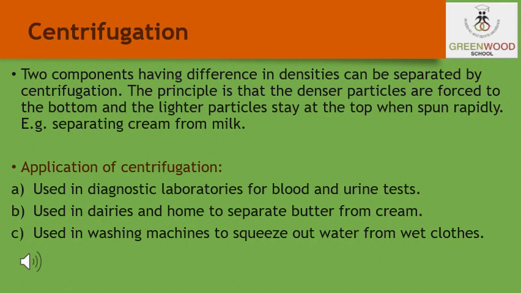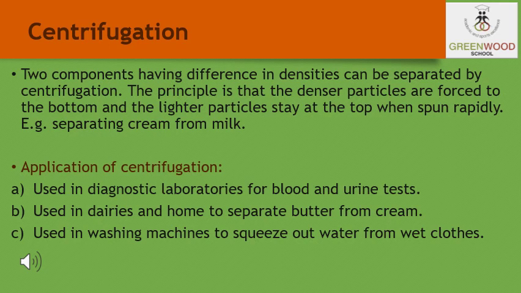A device used to separate liquids from solids by spinning is called a centrifuge. Centrifugal machines are commonly used for this method. The machine can be rotated either by hand, that is manually, or electrically. There are a few applications of the centrifugation technique.